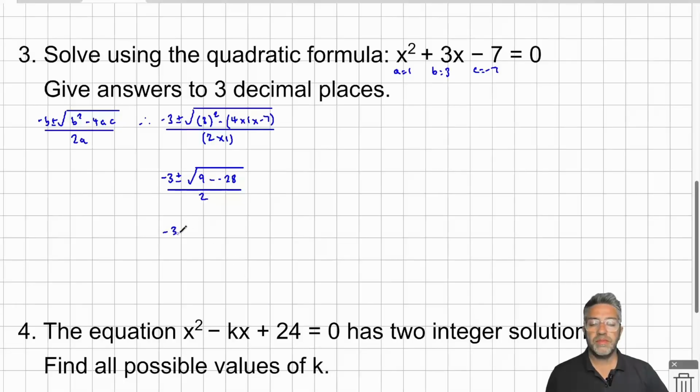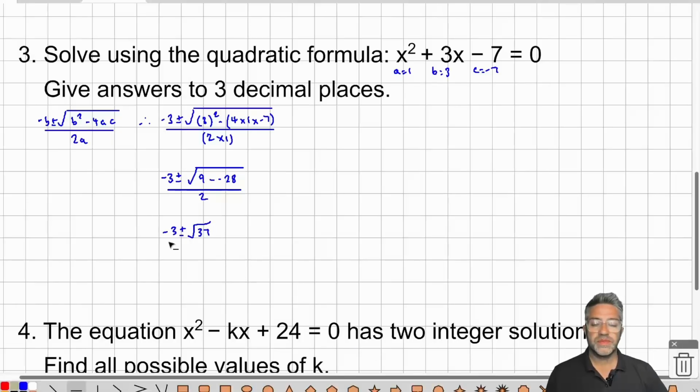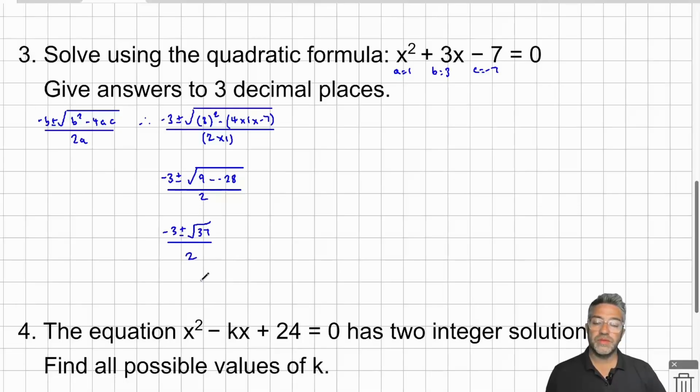Minus 3 plus or minus the square root of 37 all over 2. I'm now going to work out x1. To work out x1, I will do minus 3 plus the square root of 37 all over 2.